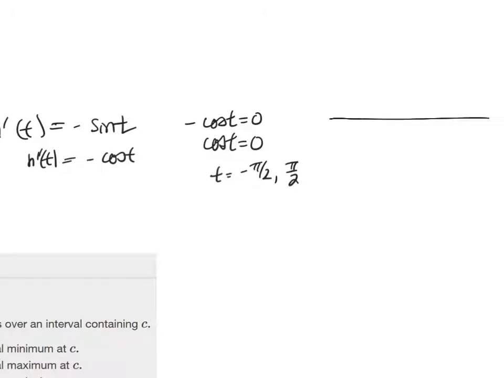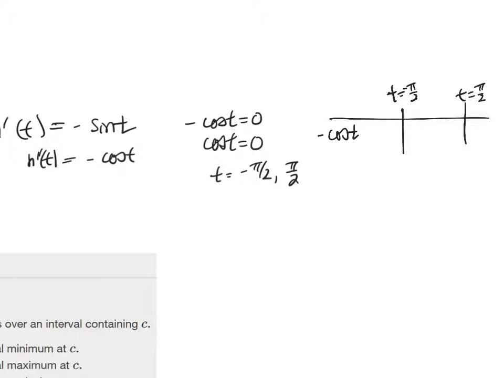So I do a sine graph, and the only thing I have to worry about is the cosine of t. And I am looking for, and it should be a negative cosine of t. I have the first interval where t is equal to negative pi over 2, and t is equal to pi over 2.